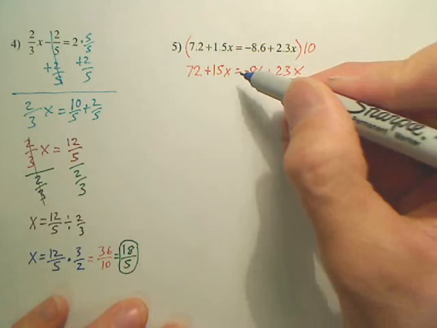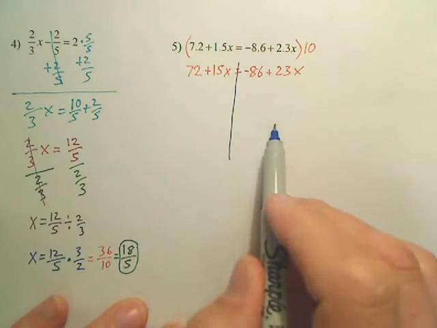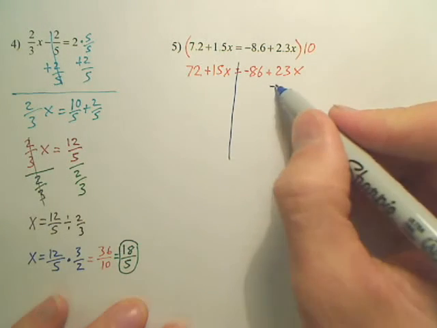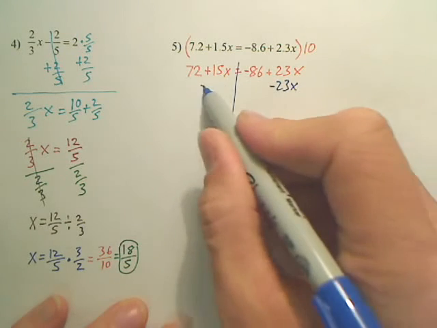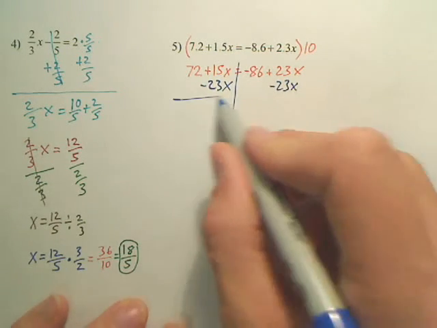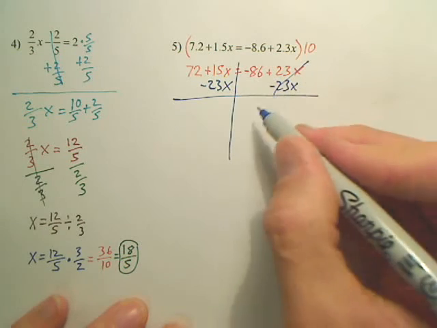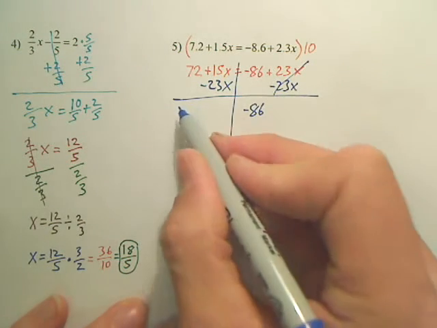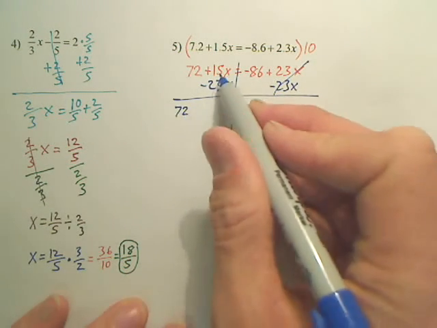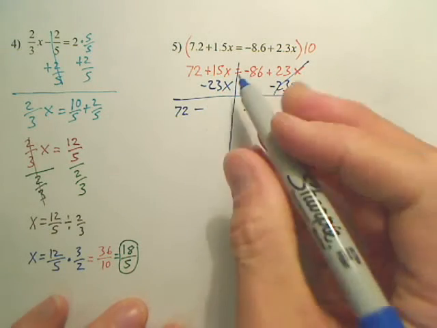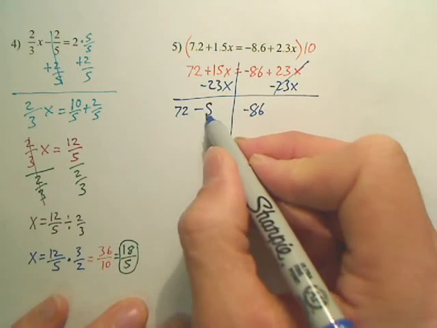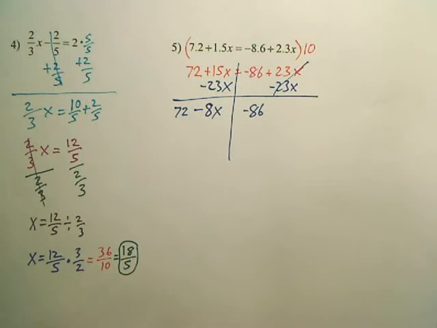Okay. So if we want to solve this one, I'm going to get the x's hopefully to this side. So I minus the 23x over. That's gone, leaving you negative 86. 72 comes down, and when you subtract these, you get minus 8x.